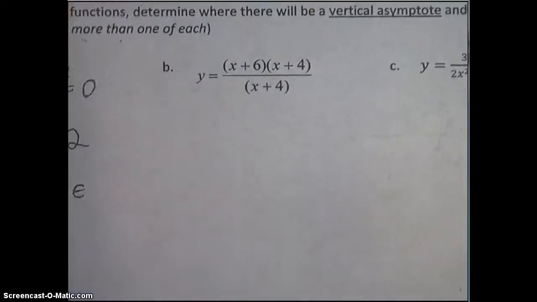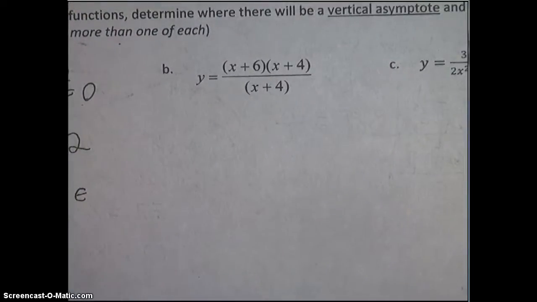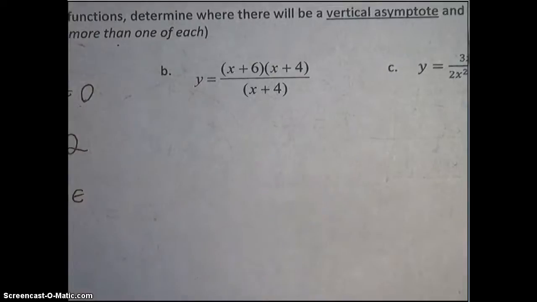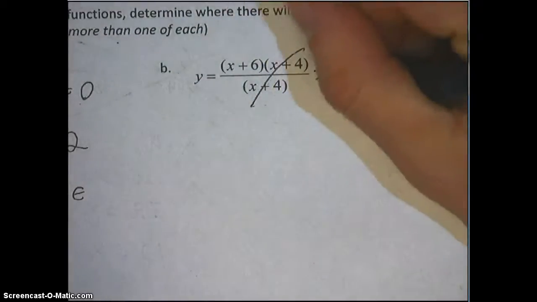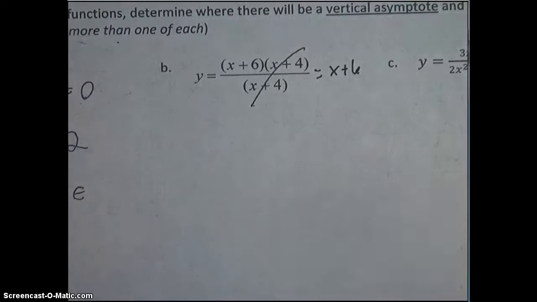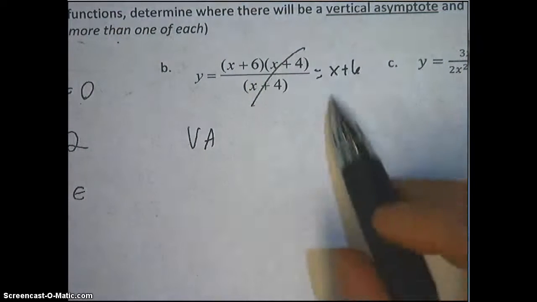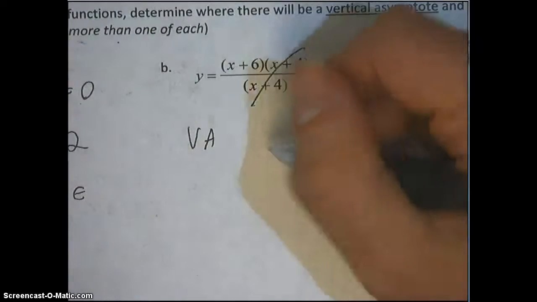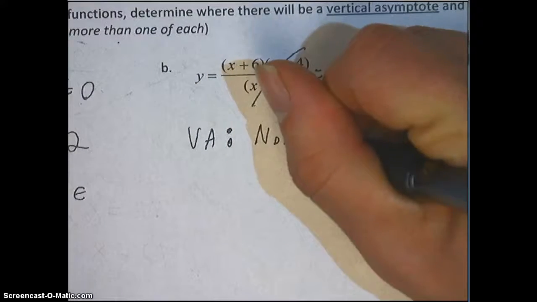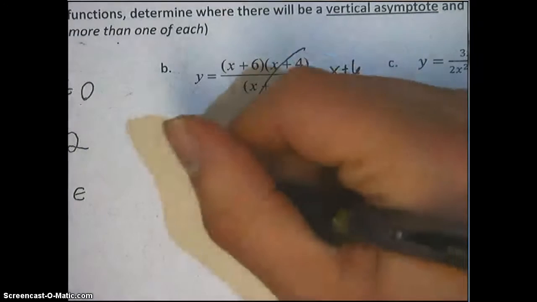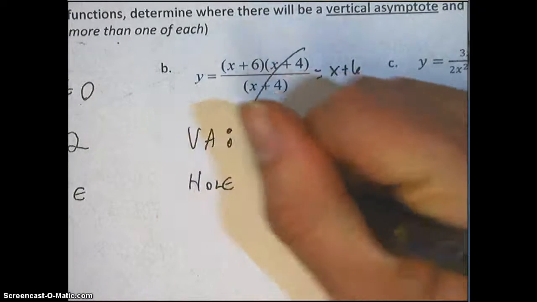Let's look at b here. x plus 6 times x plus 4, all divided by x plus 4. Hopefully you recognize we can just cancel out those x plus 4s, which leaves me with y equals x plus 6. There's nothing in the denominator besides a 1. And when that's the case, there are no vertical asymptotes. But we do have a hole.